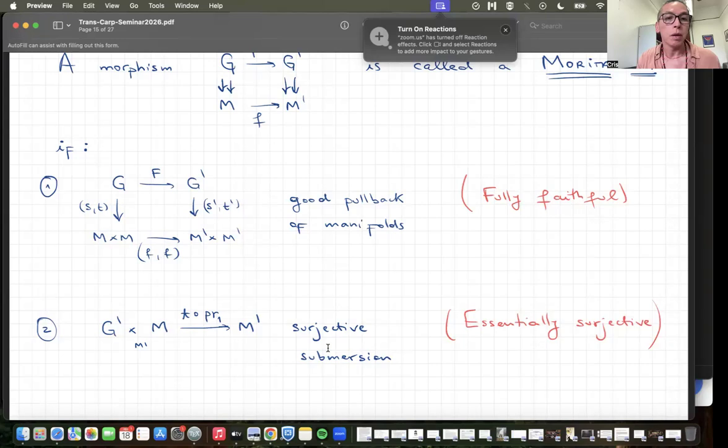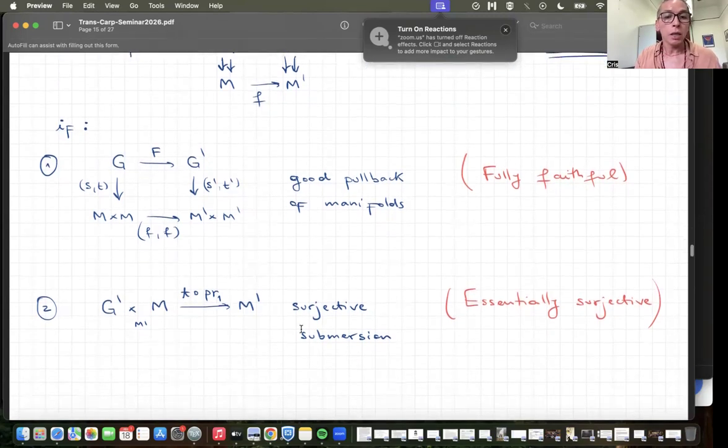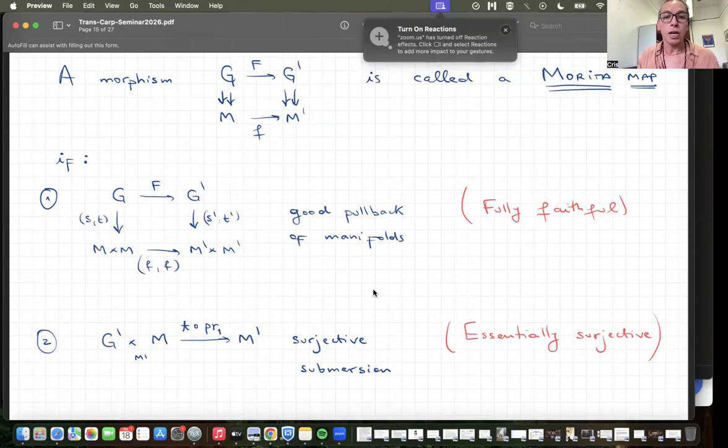So condition 1 tells you that, if you remember that F is a functor, then condition 1 is exactly something called being fully faithful in category theory. So this means that at the level of morphisms, F induces a bijection. And the second condition tells you that the functor F is essentially surjective.